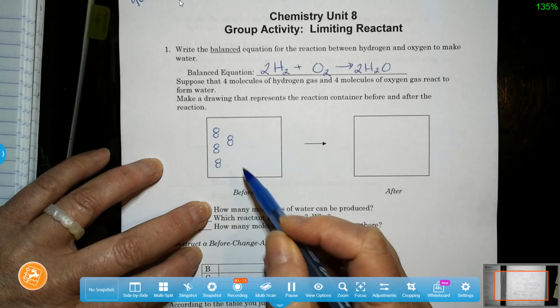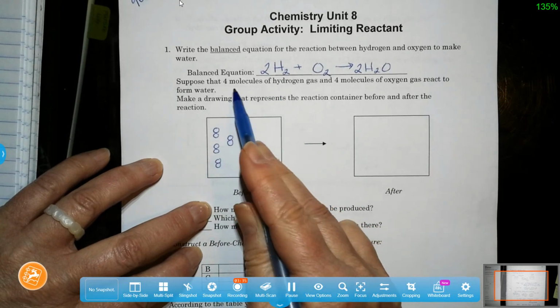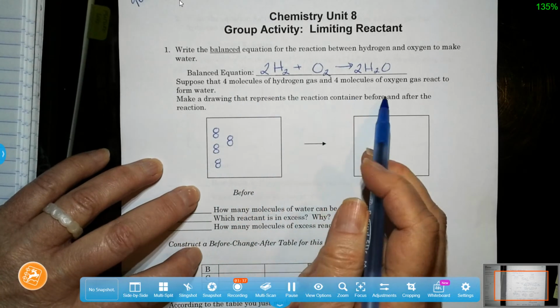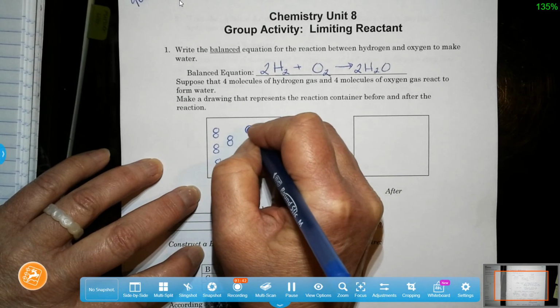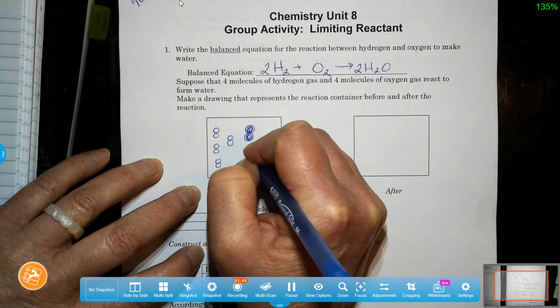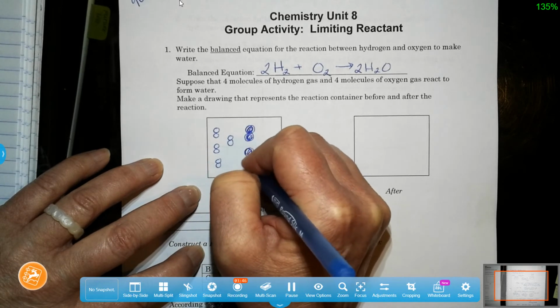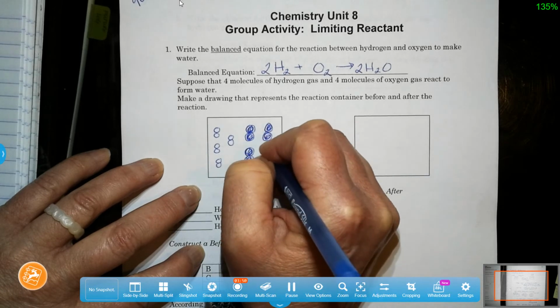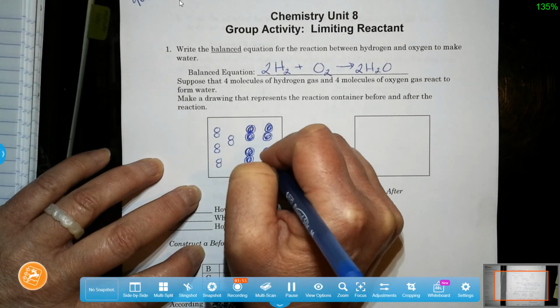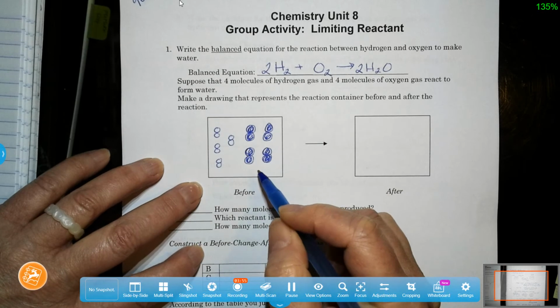Those are my 4 hydrogen molecules that they're asking for. And then 4 molecules of oxygen. Oxygen, I'm going to draw like that. I'm going to have 4 of these. Two oxygen atoms bonded together.